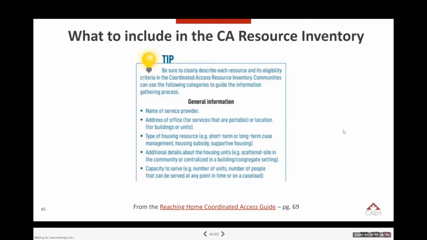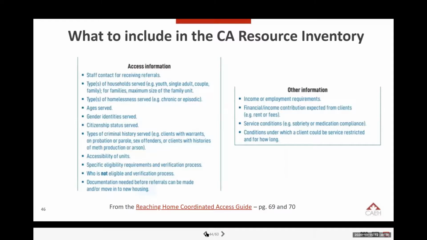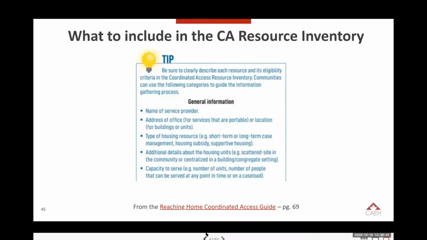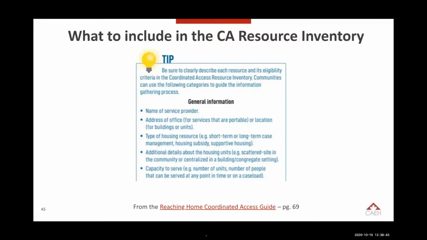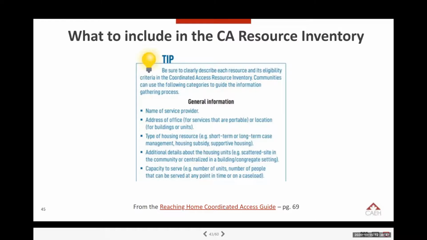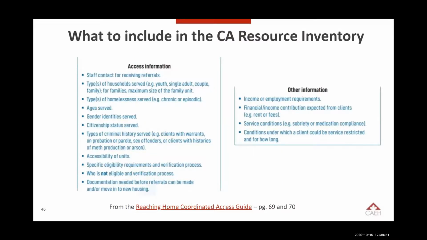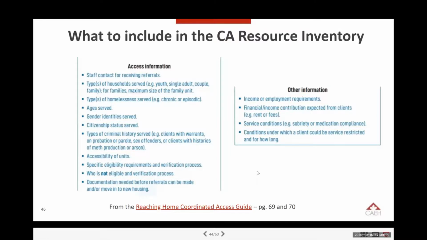So in the Coordinated Access Resource Inventory, you see these tips, and if you can go back just one, so general information, the name of the provider, their address, the type of resources. We go on to the next one. Again, we note what pages in the guide. Access information, so who's the contact, who can be served, the ages, the gender, the accessibility of the units, any specific eligibility requirements and verification processes, and I think really importantly, who is not eligible.